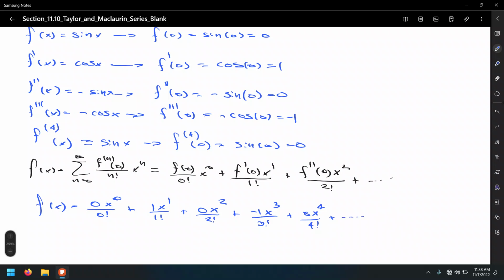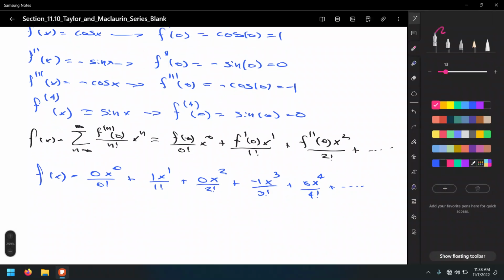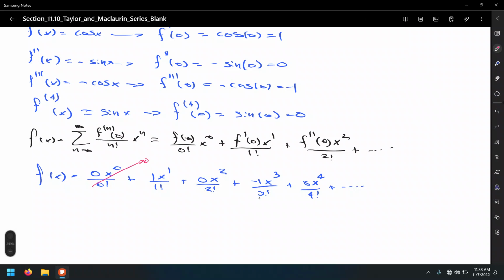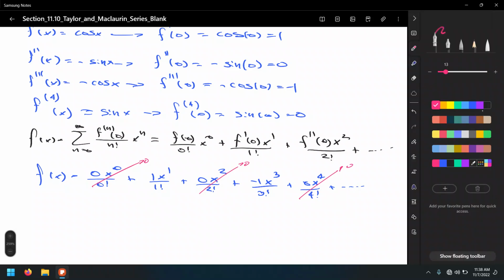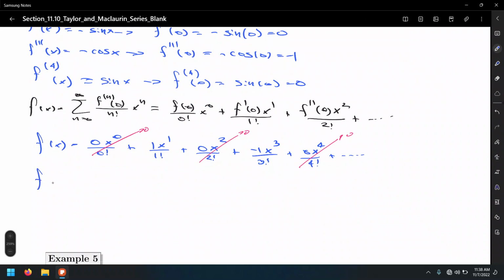So let's do some simplifications here. Number one, this couple of terms go to 0, and this one also goes to 0. That leaves us with f of x equals, okay, I'm going to leave this x to the first power, but I'm going to leave this one in the denominator in factorial notation.